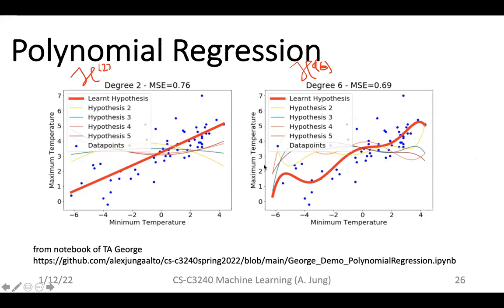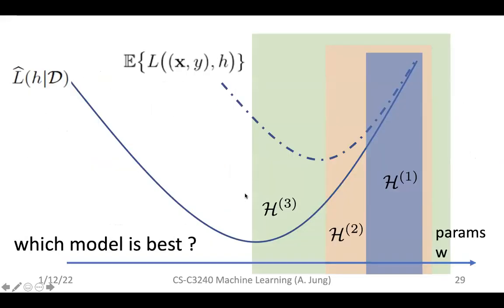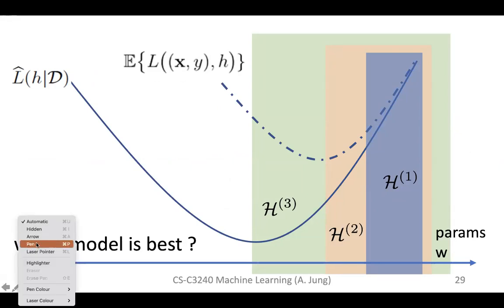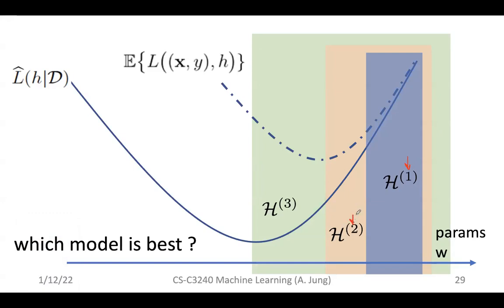Quite clear. So let us look at what happens in empirical risk minimization if we use larger and larger models, like polynomial regression with larger and larger degrees. So this here would be polynomial regression with degree 1, this here with degree 2, and here with 3.